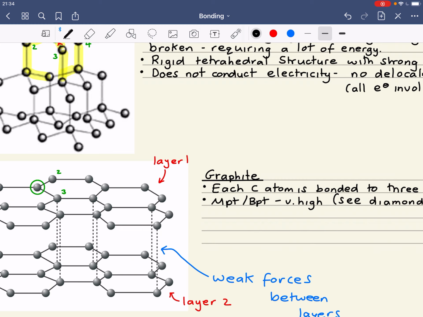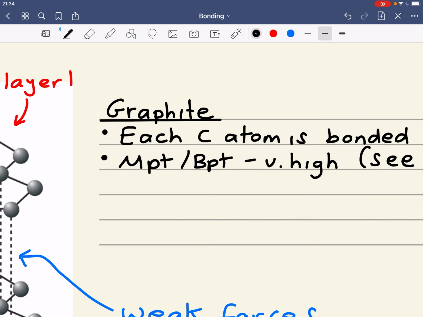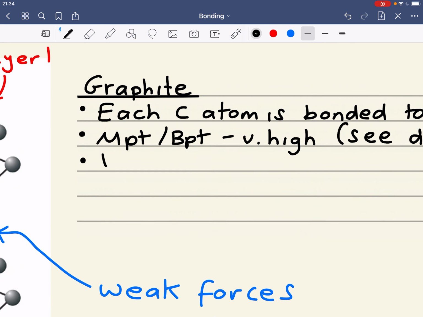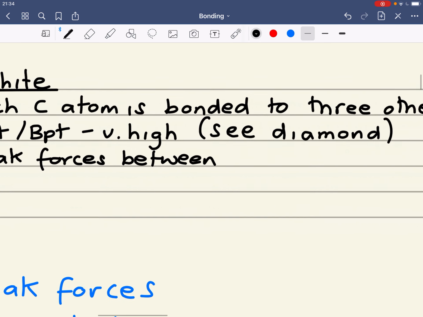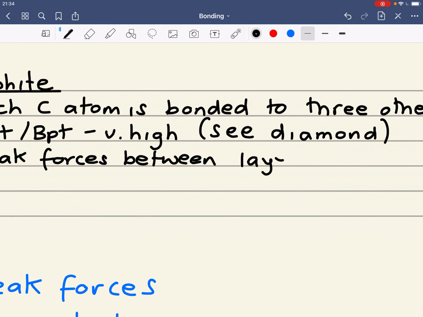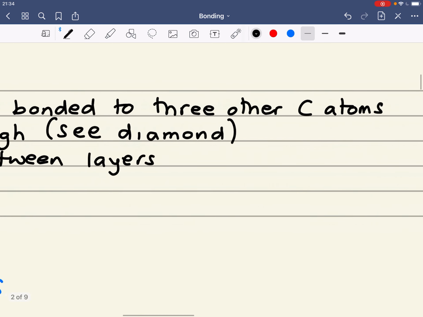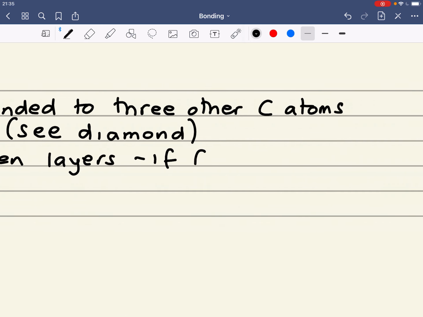Graphite is not a very hard substance. In fact, it's soft and slippery, and that's due to the weak forces between the layers. The weak forces between the layers mean that if a force is applied, the layers can slide over each other easily.